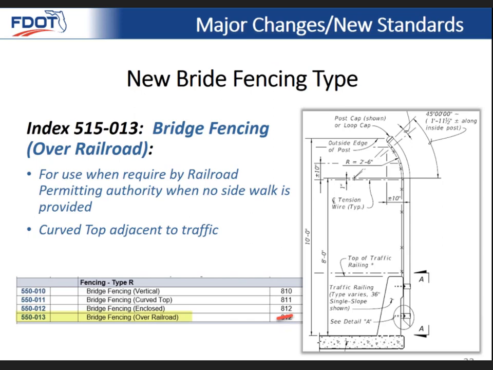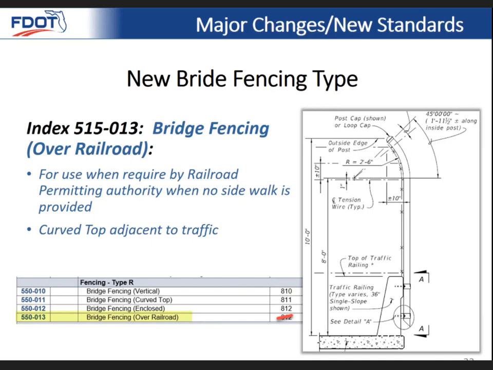And then one new standard that we have is the bridge fencing over railroad, which is basically a curved top fence, similar to what used to be under Index 811. But instead of being on the back of the sidewalk, it is on the back of the traffic railing. It's slightly higher, and all of the horizontal rail members have been removed for crashworthiness.